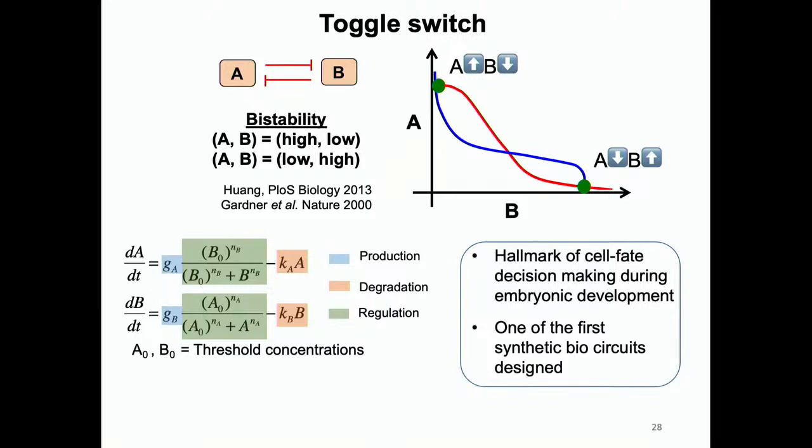But if you have both inhibiting each other, you get these 2. So the toggle switch is not the only bistable scenario. You do have other cases of bistability, but in the cases of decision making, you want a toggle switch because it allows for stable self-renewing decision making, which progresses in time.